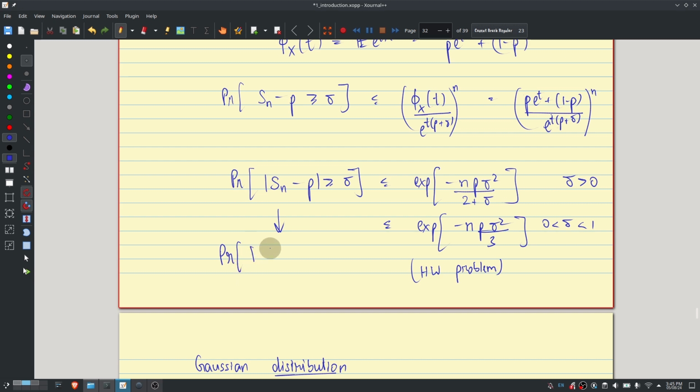This is the same as saying the probability that the summation i equal to 1 to n of xi minus n times p is greater than or equal to n times delta.